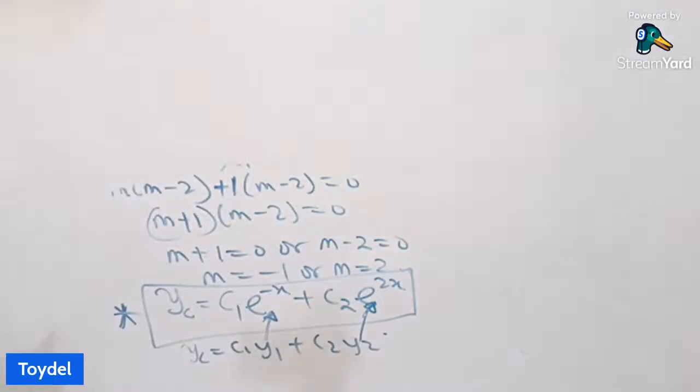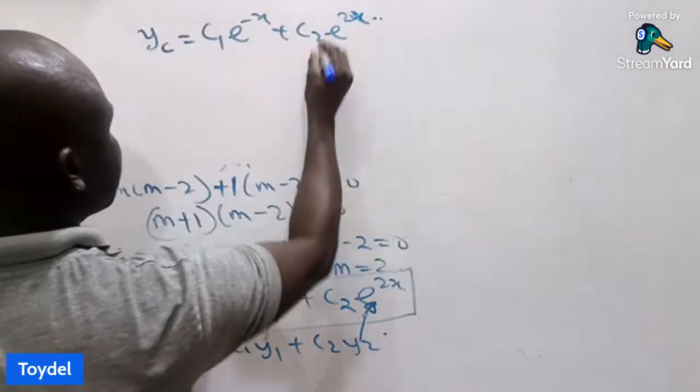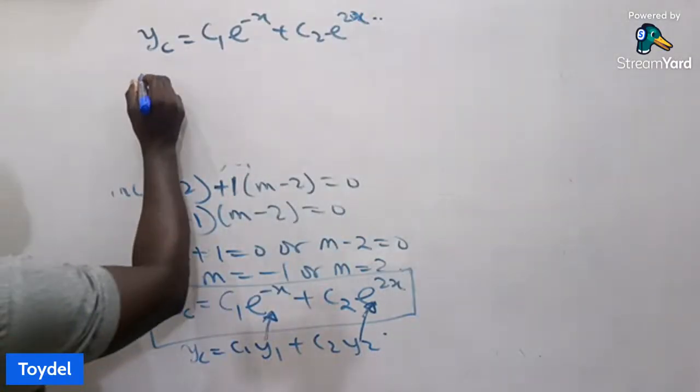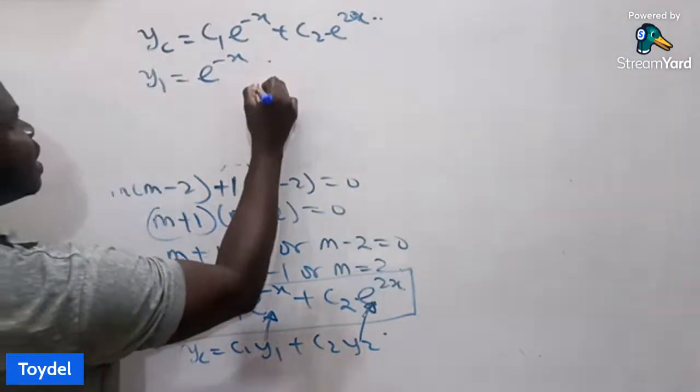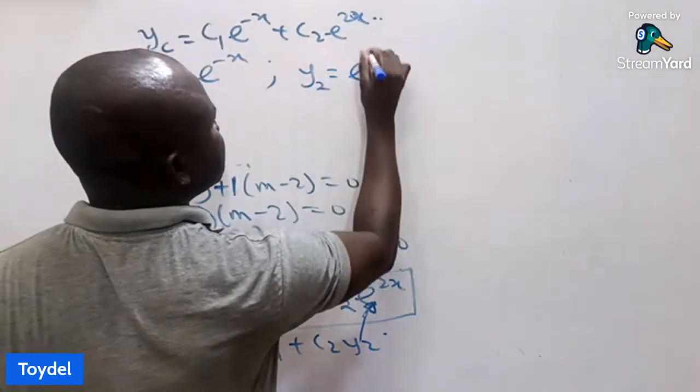It is from the complementary solution that we get y1 and y2. So yc is equal to c1 exponential minus x plus c2 exponential 2x. So y1 is equal to exponential minus x, y2 is equal to exponential 2x.